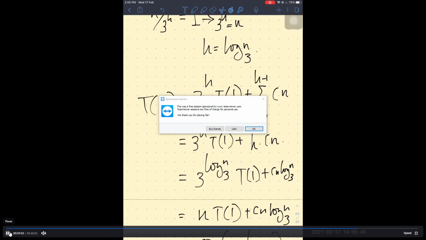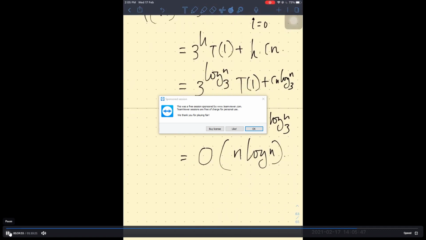Then just by solving it, we get that the highest degree term in this equation is c times n log n, as we assume that c is greater than 0. So the growth rate of this part will be higher than that part. Therefore, the runtime of this algorithm is big O of n log n. Any confusion?